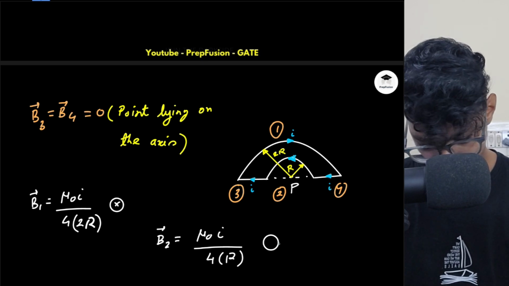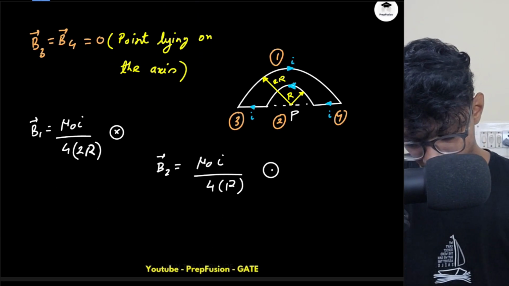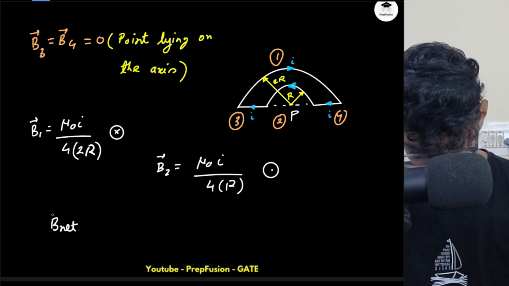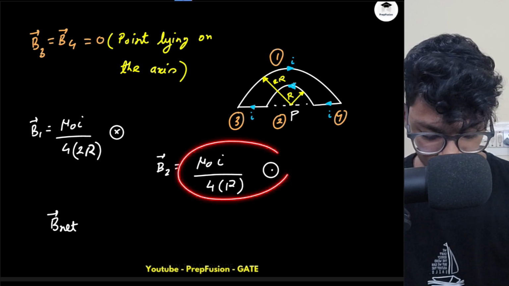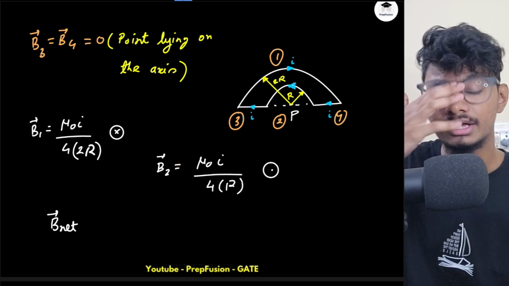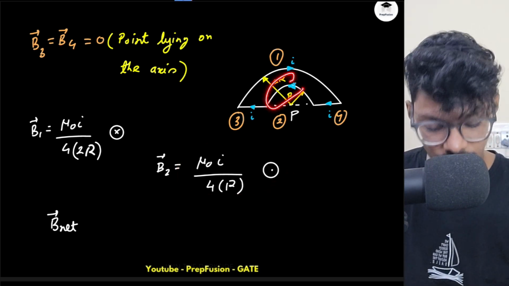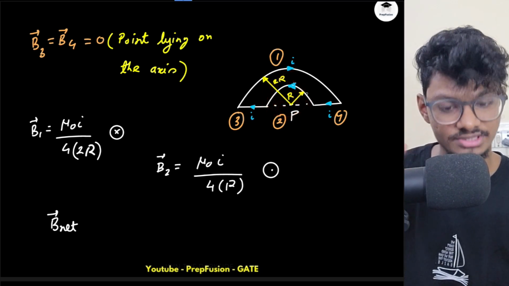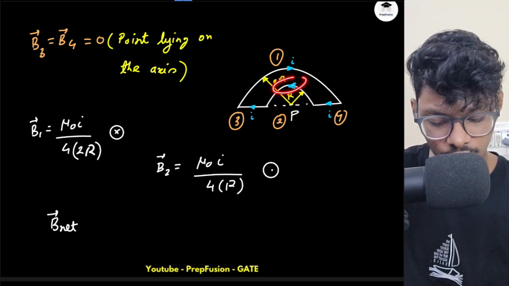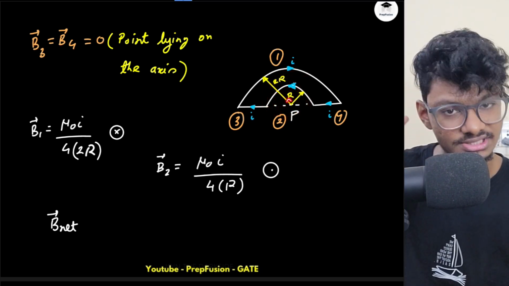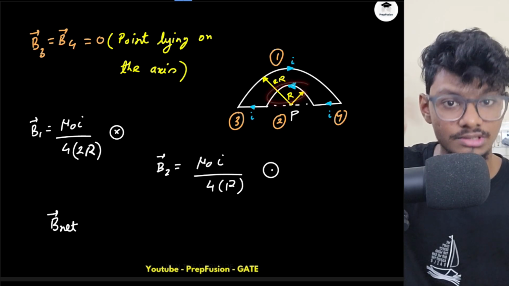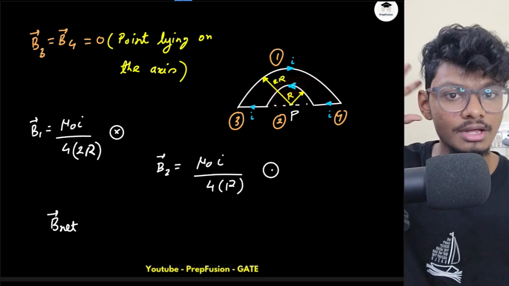So if these two are in opposite directions, which one is bigger for my B net? This one is bigger. Can you justify why? This wire is lying nearer to this point, so obviously the magnetic field due to this wire will be higher. As the currents are the same and the distance is smaller for this one, the magnetic field influence due to this wire will be higher.